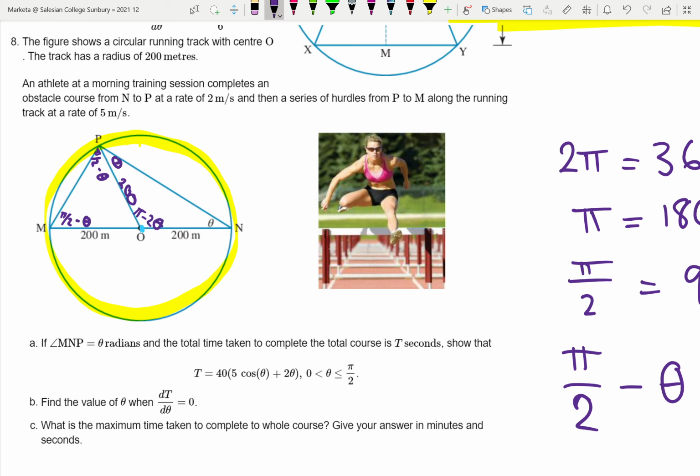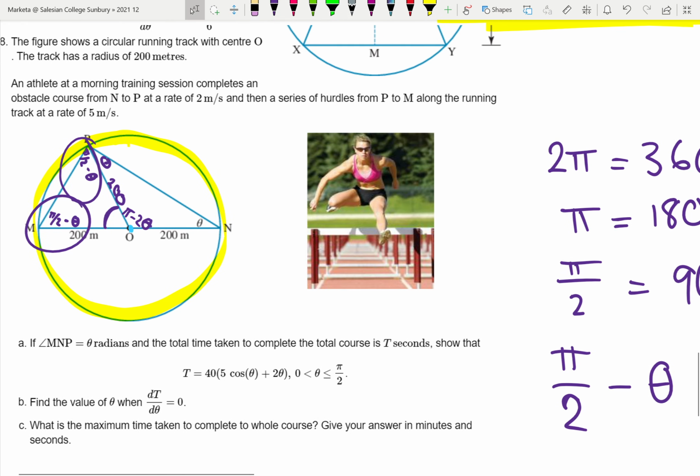Furthermore, this angle here is either 180 degrees minus pi minus 2 theta, or 180 degrees minus these two, and of course 180 degrees is pi.